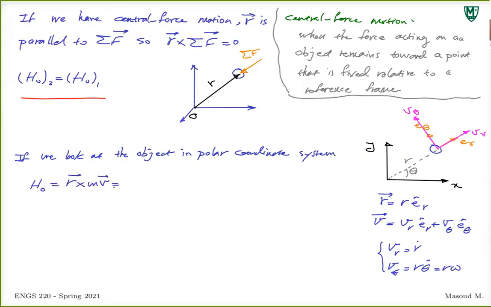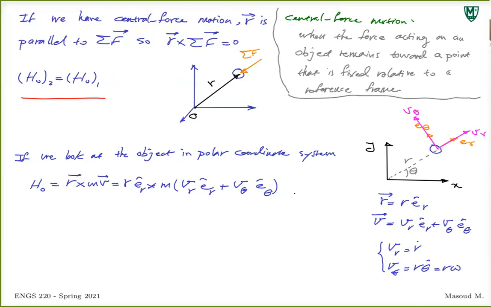That was the general story. So R is R ER cross M, just keep M outside, VR ER plus V theta E theta. And we do a cross product.